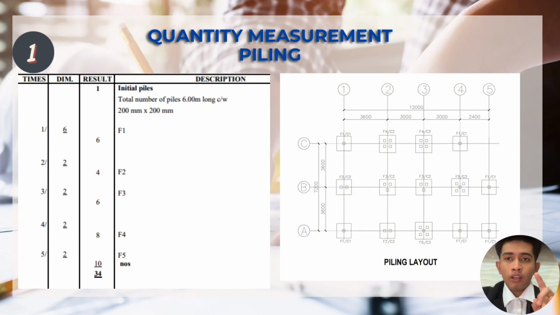For the result we times 1 times 6 and we get 6. In total, our initial piles is 34.